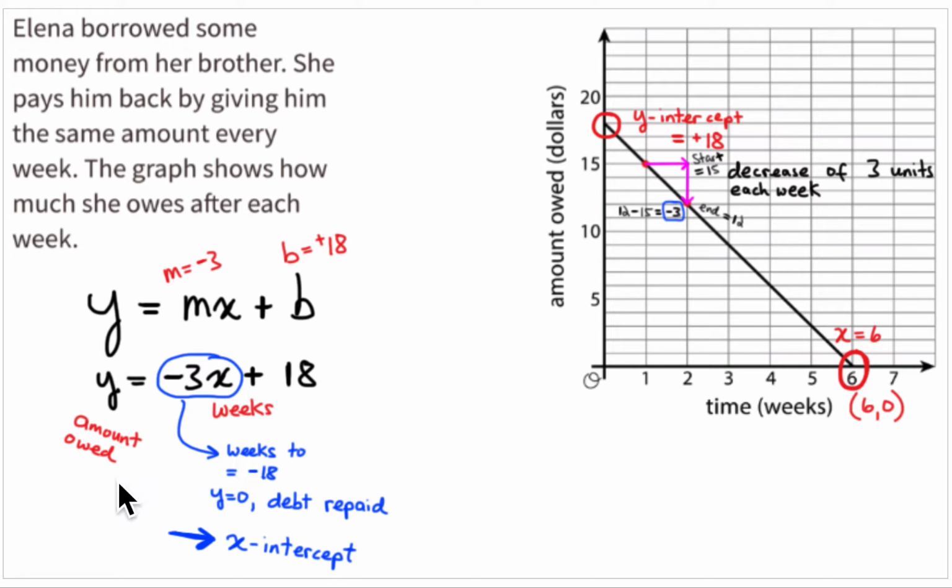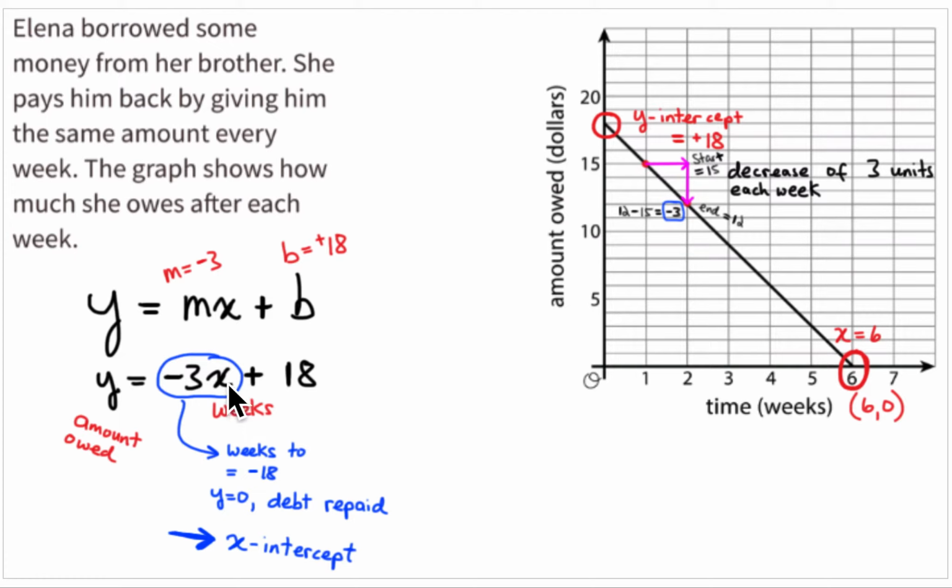So the amount owed is y, and the number of weeks is x, and we want this part to equal -18. Remember, we did this before. So to get this y equal to 0, this part of the expression has to equal -18. You're going to add that to positive 18, add those two together, it will equal 0.